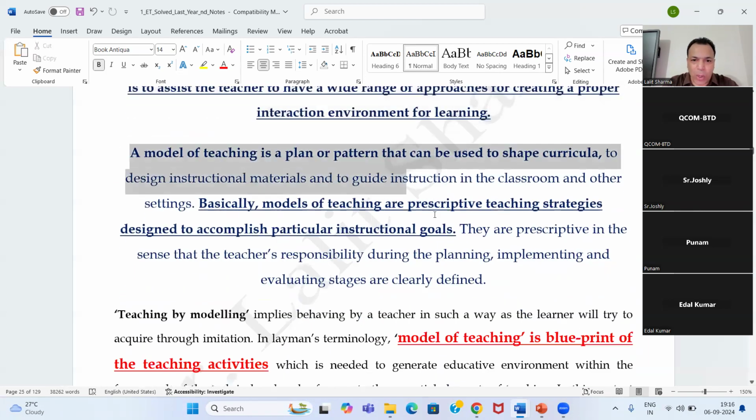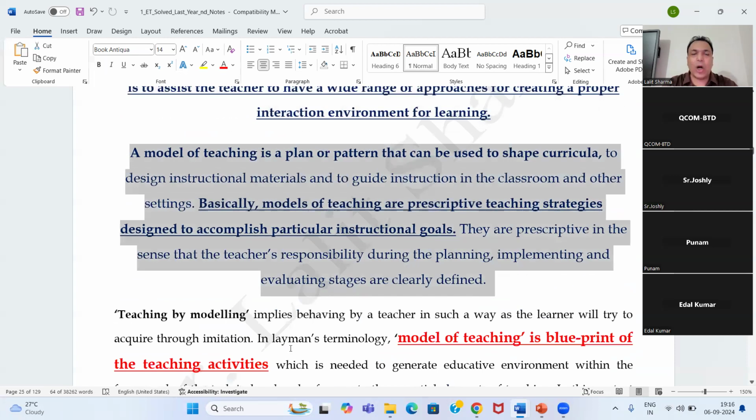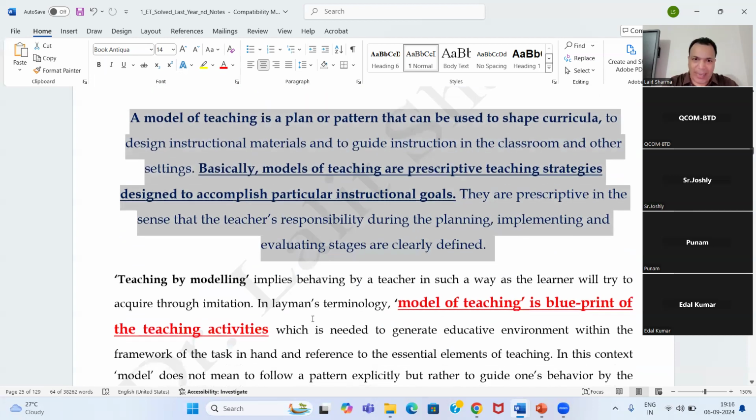Again, a model of teaching is a plan or pattern that can be used to shape curriculum, to design instructional material and to guide instruction in the classroom and other settings. Basically, models of teaching are prescriptive teaching strategies. A new and very effective word has come: prescriptive.